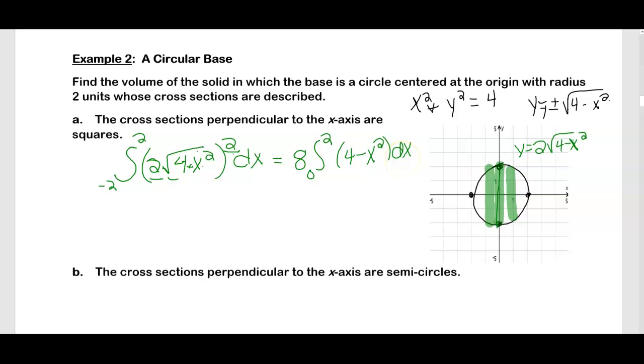So you integrate 8, 0 to 2, 4 minus x squared. 2 squared is 4, and you put a 2 up there. 4 times 2 is 8. So you get 8 times 4x minus 1/3 x cubed from 0 to 2. 4 times 2 is 8, 2 cubed is 8, so 8 minus 8 thirds.